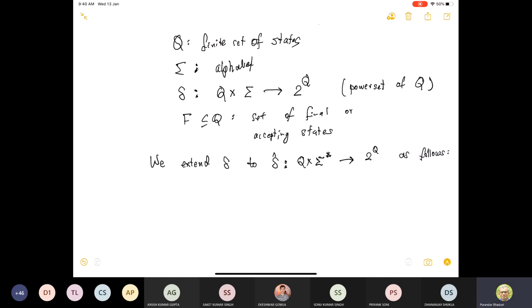Again, by induction, delta hat of Q, epsilon is the singleton set containing Q. Okay. So you should be careful here. This is a set. Earlier, we had just a state, but this is a set of states.